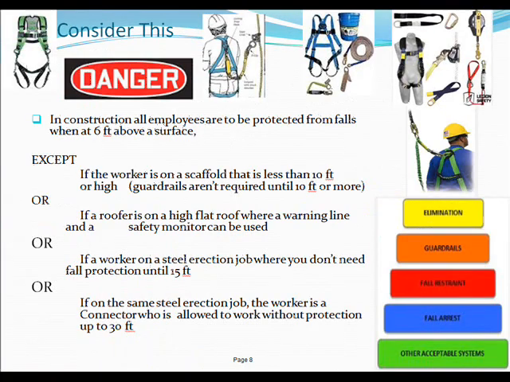In construction, all employees are to be protected from falls when at 6 feet above a surface. Exceptions: a worker on a scaffold, where protection is required at 10 feet or higher; a roofer on a high flat roof where a warning line and a safety monitor can be used; a worker on a steel erection job, where you do not need fall protection until 15 feet; or, on the same steel erection job, a connector, who is allowed to work without protection up to 30 feet.